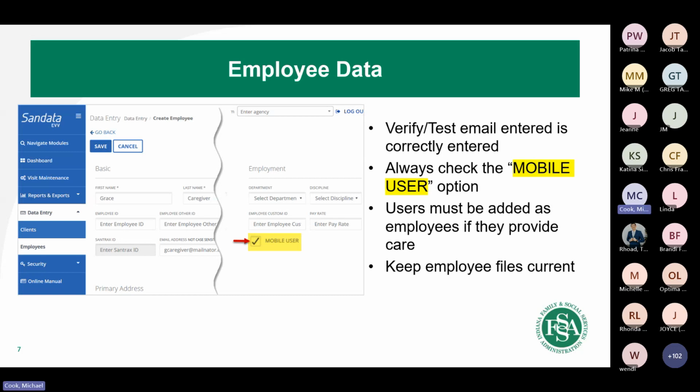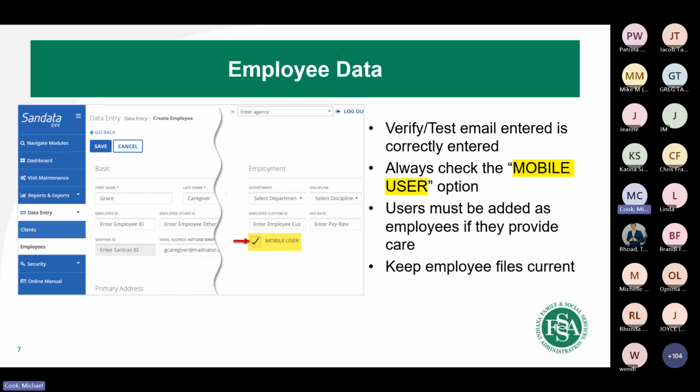You always want to check the mobile user option. This is enabling that person to use mobile visit verification. If you don't check that box, they won't be able to receive their login credentials to actually log into the SanData Mobile Connect application in order to use mobile visit verification.